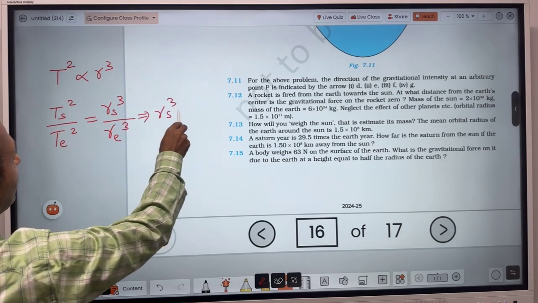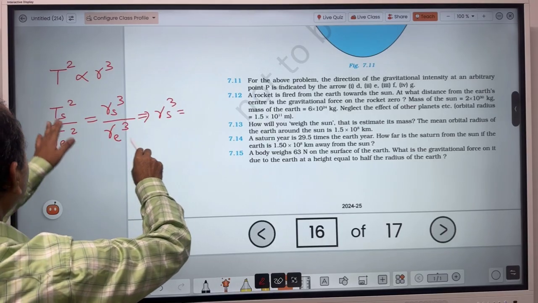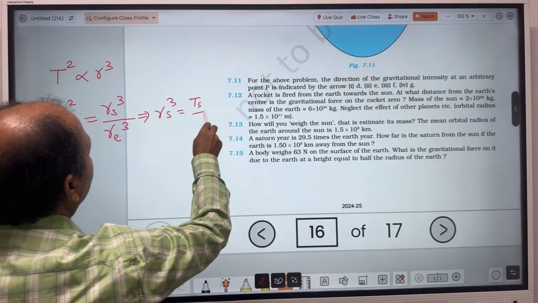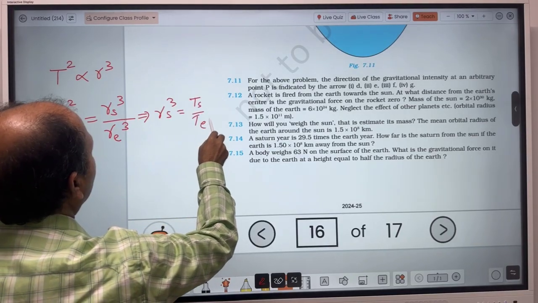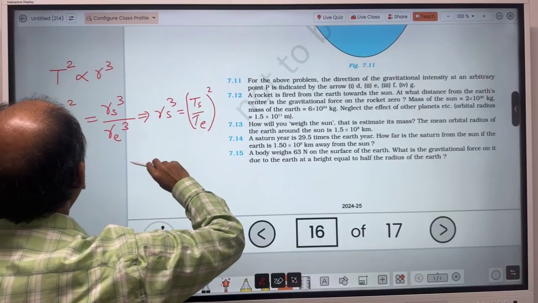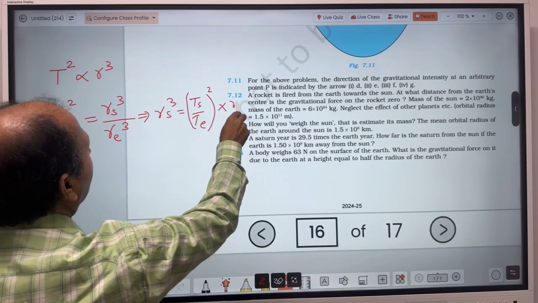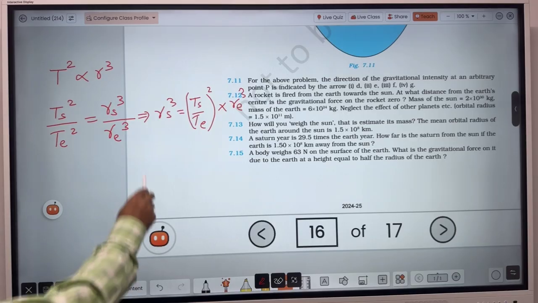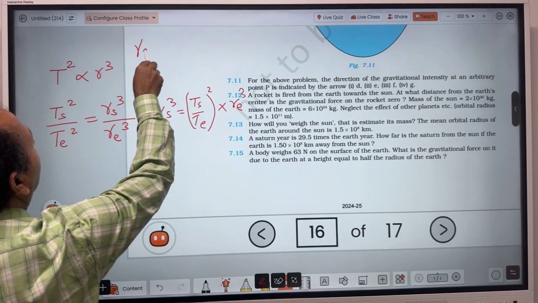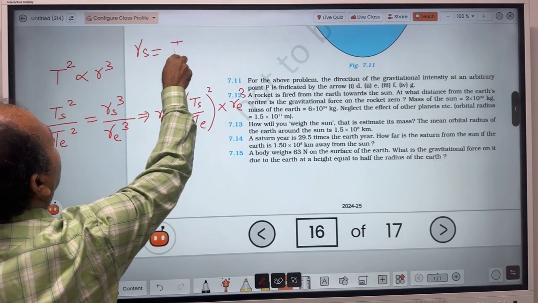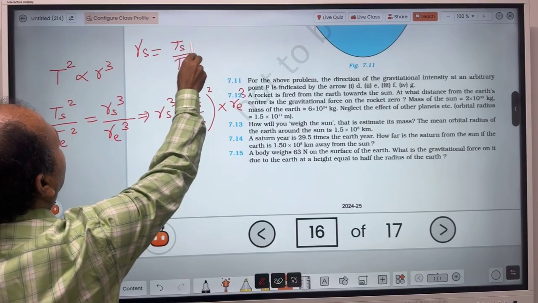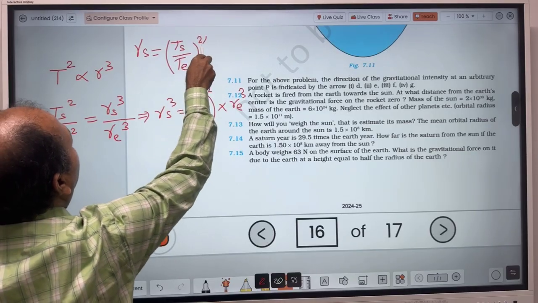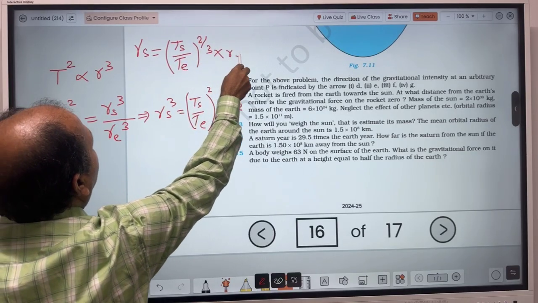So RS cube equals TS upon TE whole square multiplied by RE whole cube, right? And if you take cube root, what do you get? RS equal to TS upon TE whole power 2 by 3 into RE.